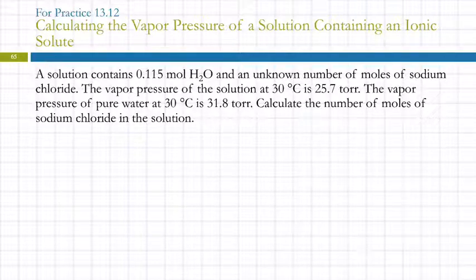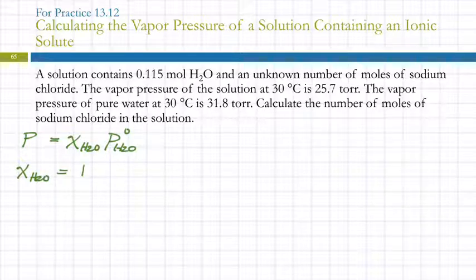Well, the vapor pressure of the solution is equal to the mole fraction of the solvent, which is water, times the vapor pressure of the pure solvent. So here we're given the vapor pressures, and we can use those to calculate the mole fraction of water.